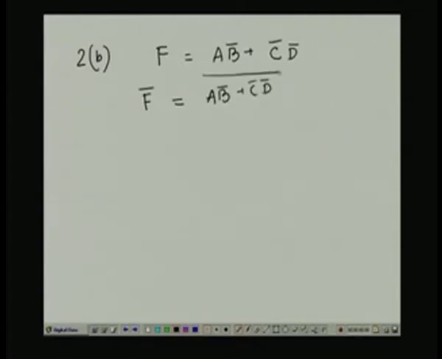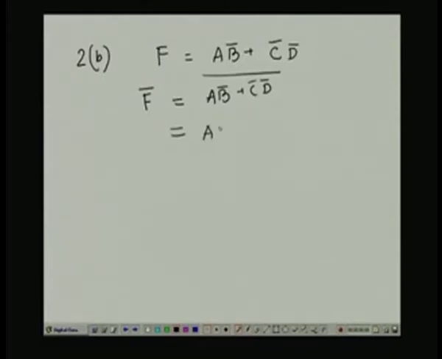So, the 2b is, say F equals A B bar plus C bar D bar. Similarly, if I take the complement, then it will be A B bar plus C bar D bar whole complement.